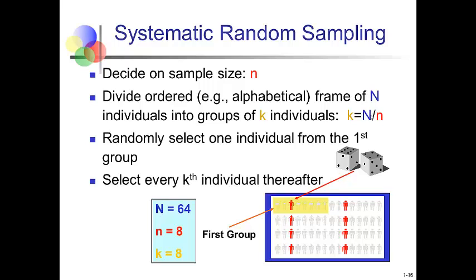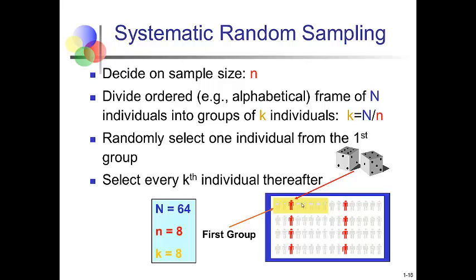And that's going to give us this K. So in this case, 64 divided by 8 is 8. The K is actually how many individuals are going to be in the group, okay? And we're going to draw one person from that group randomly. So we use a random number generator or something like that to pick one of those people.